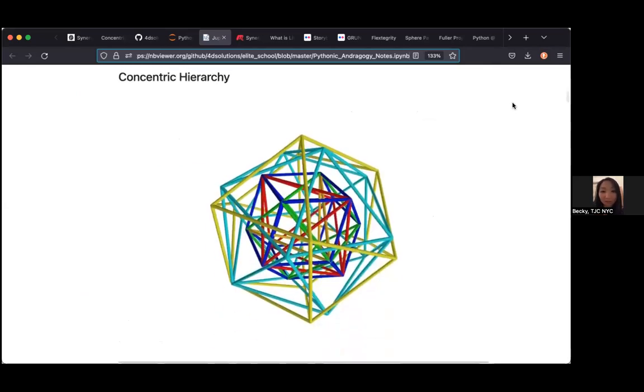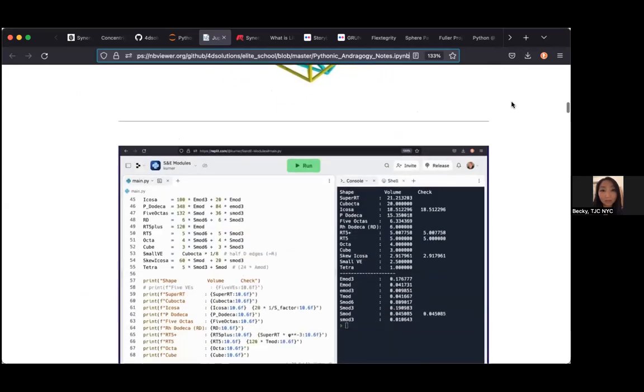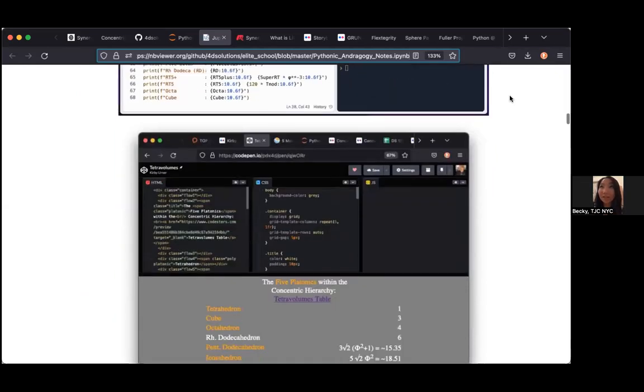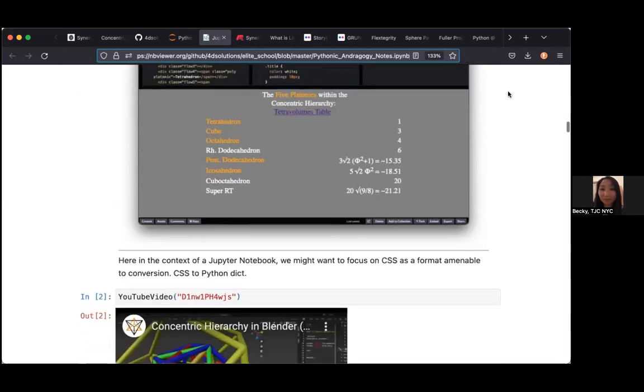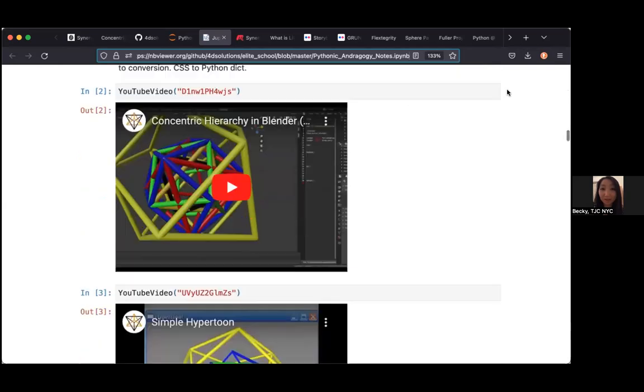I want to put something in the chat. Hopefully that works, but this was the straw in the box problem that was on the Regents back in 2003.